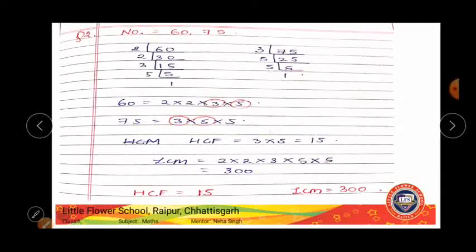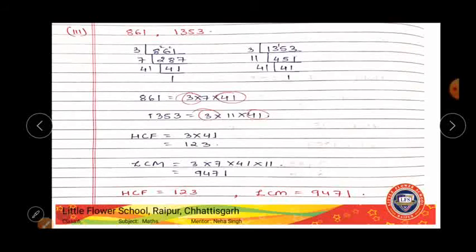LCM will be 2 into 2 into 3 into 5, we take the common numbers only once and multiply all the other numbers. This 3 and 5 we have taken here, so into 5, right? LCM is 300. This is what was asked.